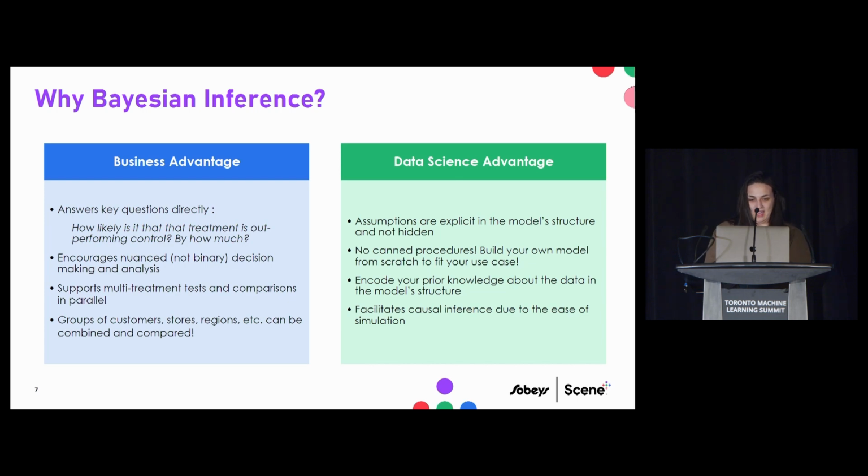So then, from a data scientist's point of view, right, or someone like me who's implementing the model, the good thing is assumptions are explicit in the model and they're not hidden. You know exactly what you're assuming about the model, what you're doing, based on your priors, your likelihood, everything you see. There are no canned procedures. You build your own model from scratch and then make it fit your use case.